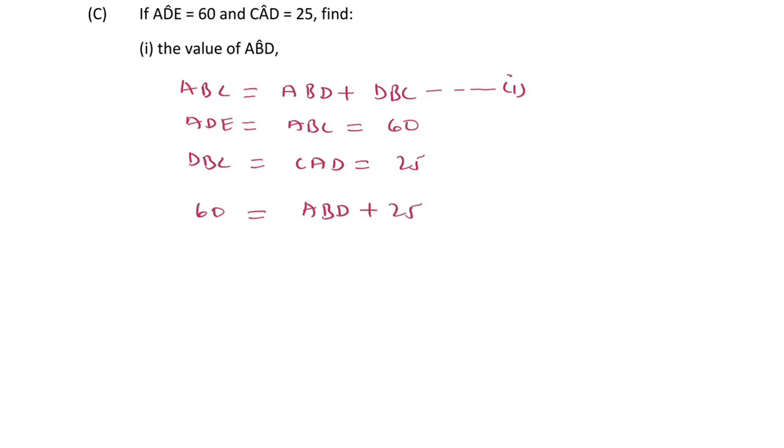Okay, so now let us collect the constant terms. Then our equation is going to be angle ABD equals 60 minus 25. Solving this, we have angle ABD equals 35.